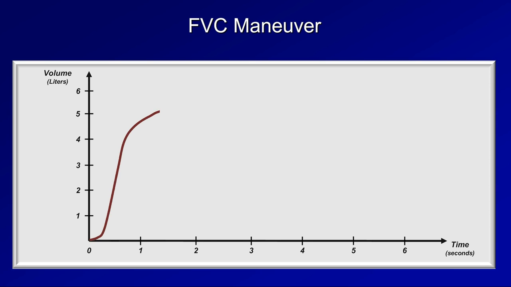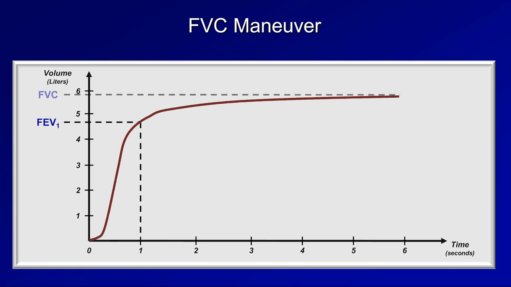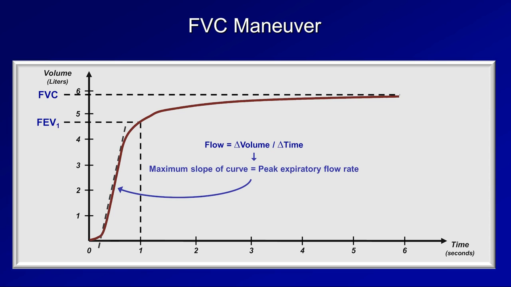The volume exhaled within that first second is the FEV1, and the maximum exhaled volume, typically achieved by 6 seconds or so, is the forced vital capacity, or FVC. An additional parameter can easily be measured from this graphic form. You may know that airflow is a measure of the change in volume over the change in time. Therefore, the maximum slope of this curve is equal to the peak expiratory flow rate, sometimes abbreviated PEFR.